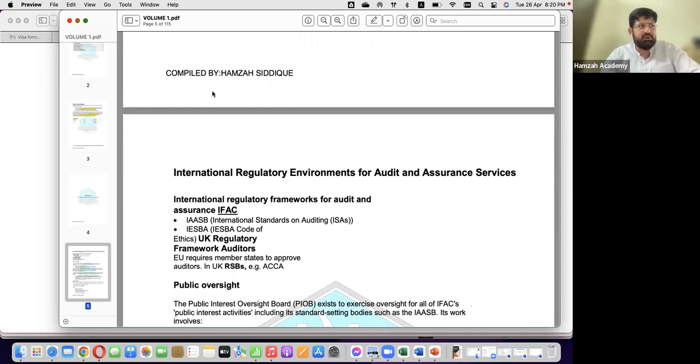And students, why is it called the audit cycle? It is a cycle because the whole process is repeated every year.